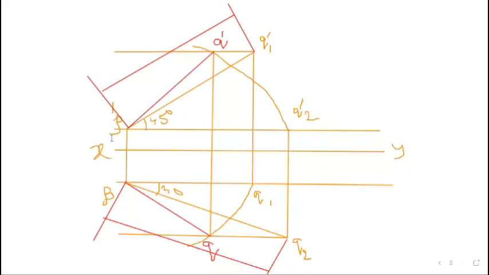So here you write 15 and here you write 25 and here you write 60. Here you write 60 and draw the arrowhead.